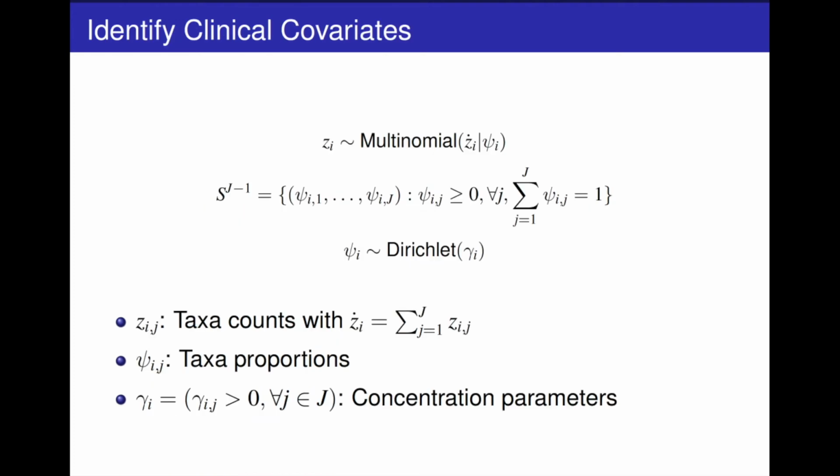In order to identify clinical covariates associated with microbial data in the first part of our model, we assume that the taxa counts, Z_i, follow a multinomial distribution where Z_i. is equal to the sum of the counts over all taxa, and psi_i are the taxa proportions, which are defined on the J-dimensional simplex and are assumed to follow a Dirichlet distribution with concentration parameters gamma.